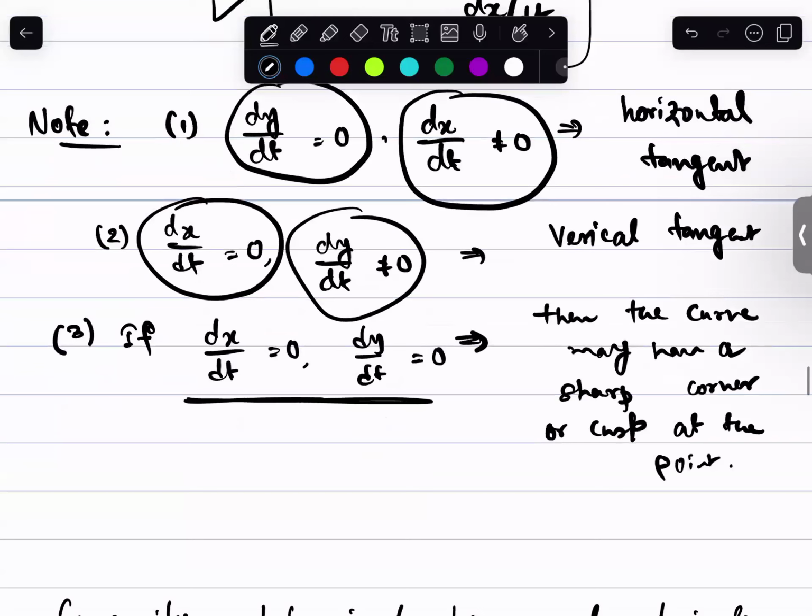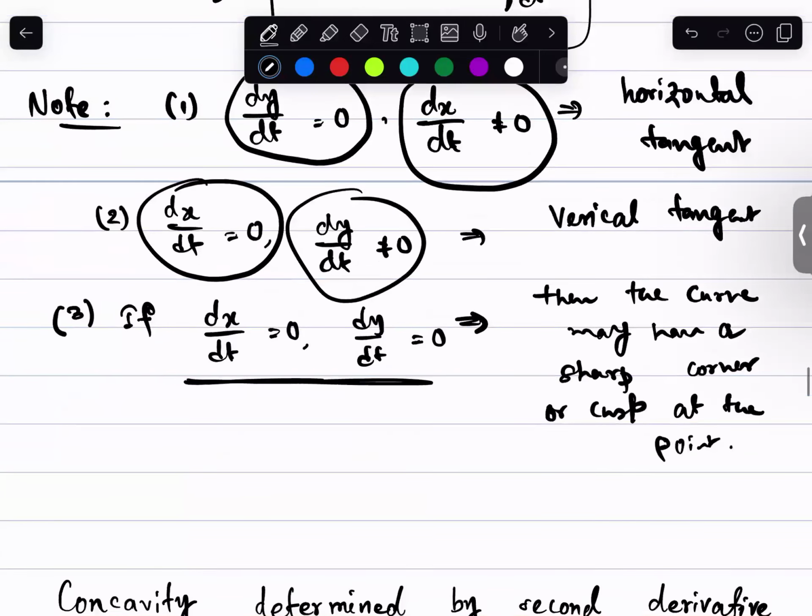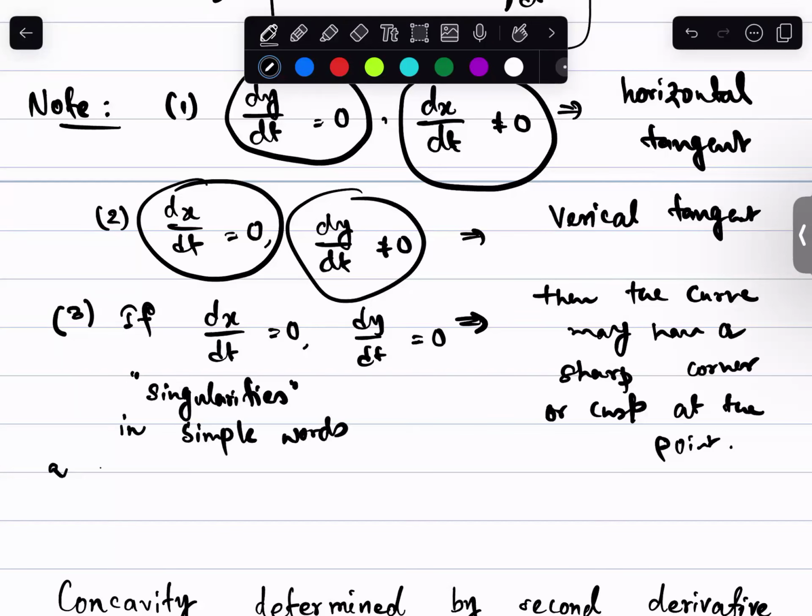All those points where both of the derivatives vanish are called singularities. And what does it mean? In simple words, this means a point where differentiability is a concern.